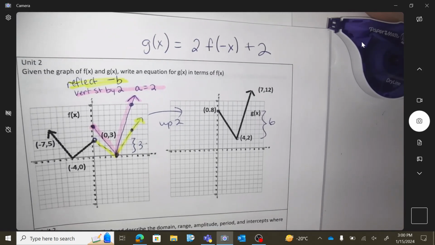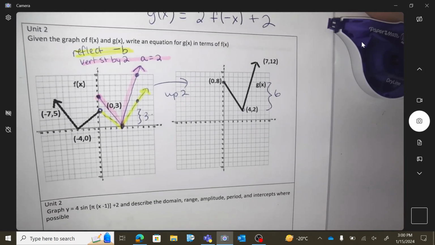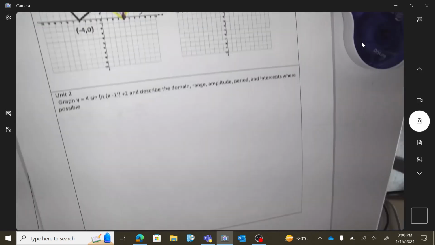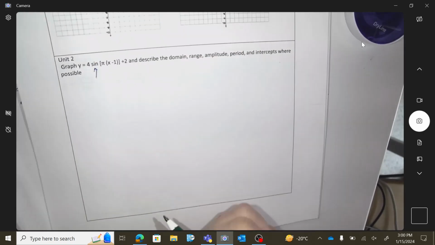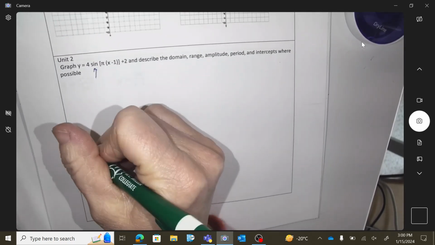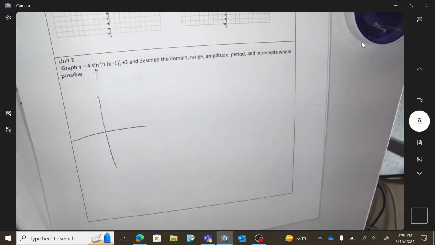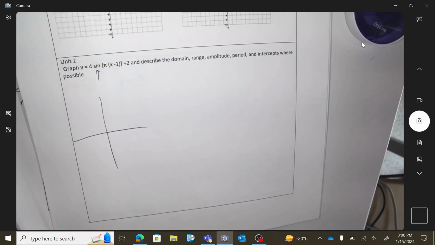Okay, I think we have 2 more questions to go when we're done. Okay, we have a sine curve. So what I need you to do is draw me what a sine curve looks like. Forget all these other numbers. What does a sine curve look like?